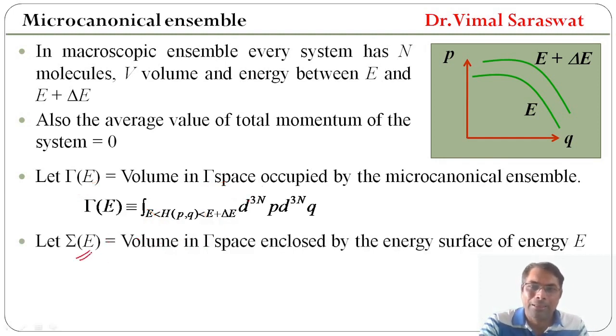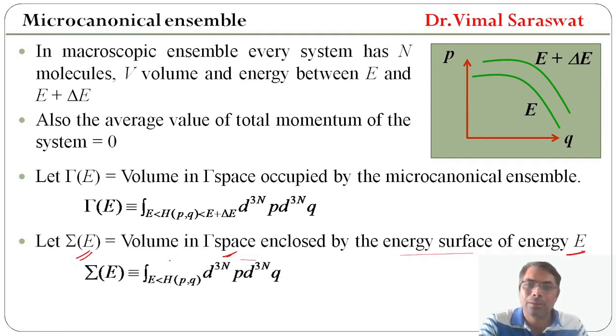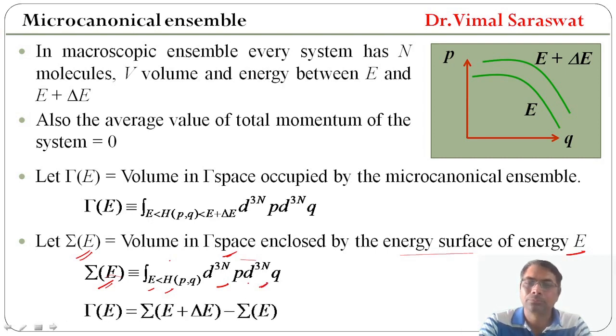Let Sigma(E) represent the volume in gamma space enclosed by the energy surface of energy E. So Sigma(E) is equal to the integral over the region H less than E of d³p d³q. And Gamma(E) is actually the volume occupied by the microcanonical ensemble in gamma space.